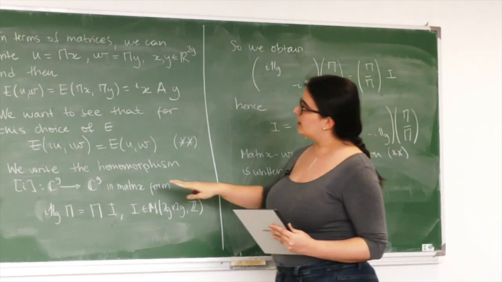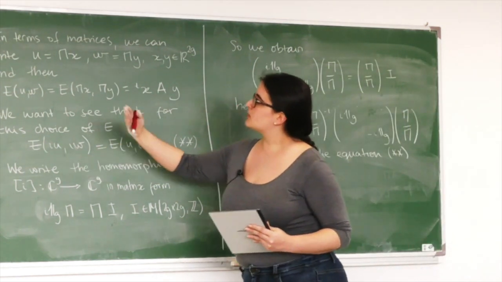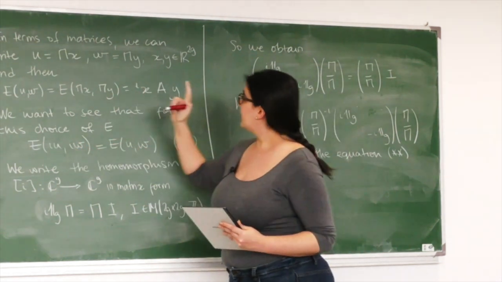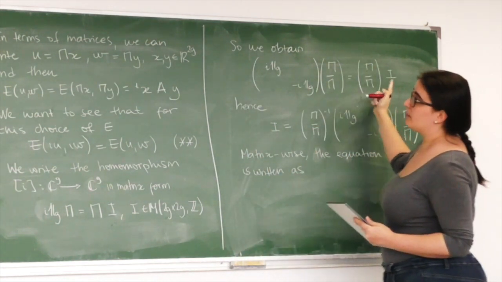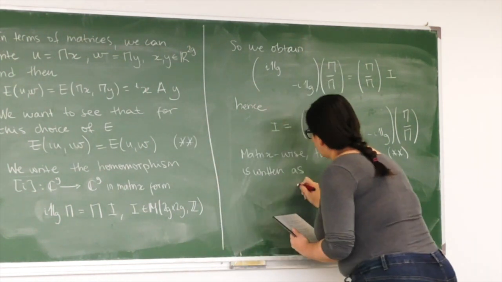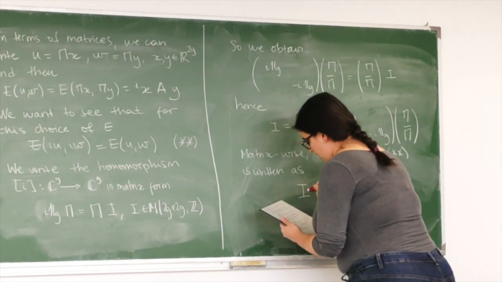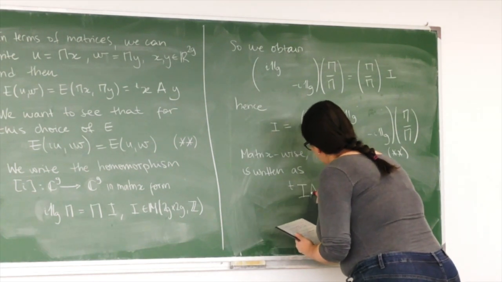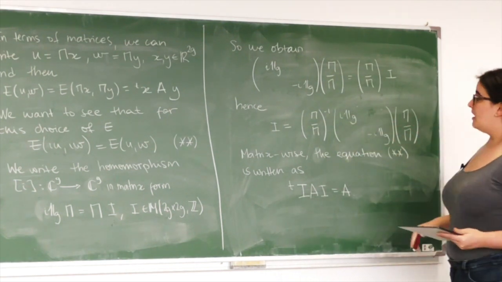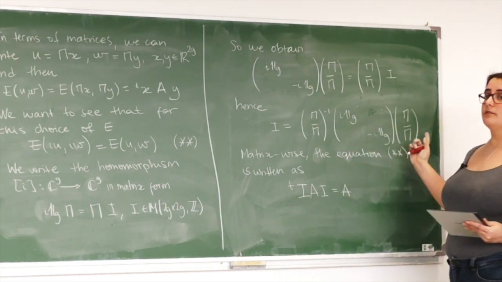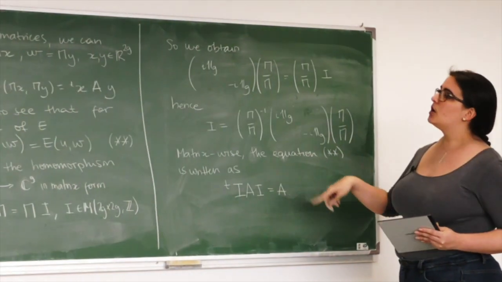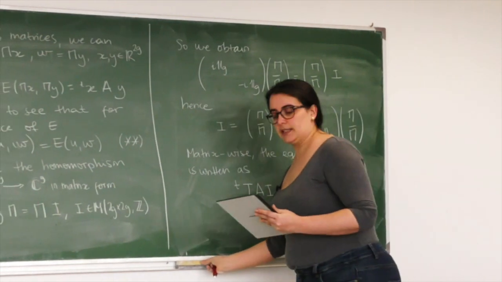Well, having i times u matrix-wise is having I, the rational representation of i, multiplied by the 2g representation of the point. So basically we get I transposed times A times I is equal to A. And now we just have to replace this by the very long expression of I, and we do some matrix manipulation and we end up obtaining the condition that we had in the statement.